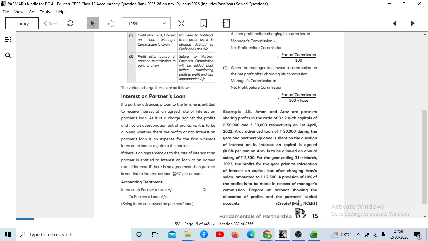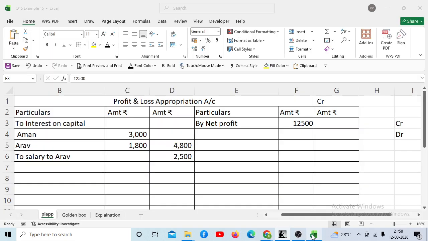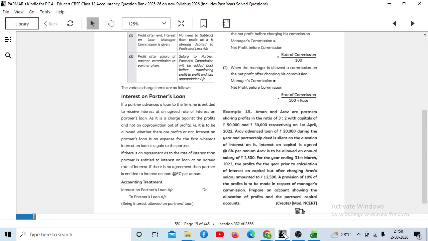So since this 12,500 is after charging Arav's salary, we will add back that Arav's salary in this. That is 2,500, and the actual profit will be how much? So only charges are subtracted and appropriations are added back. Means since the salary of partner is subtracted, we have to add back that. So appropriations are added back to the profits.